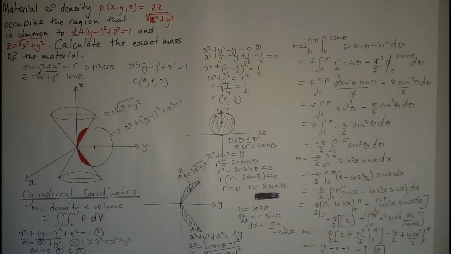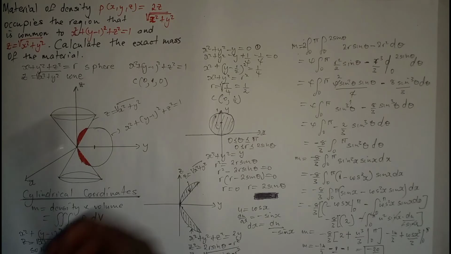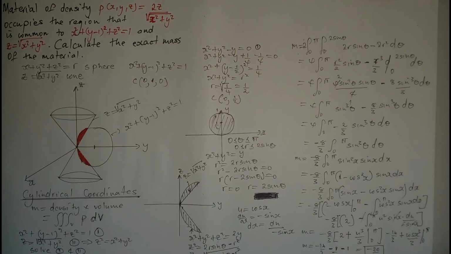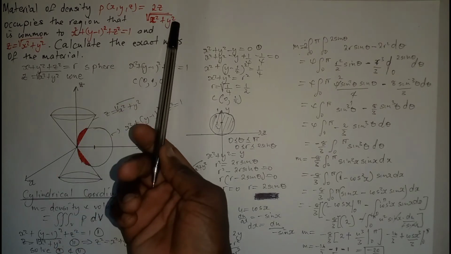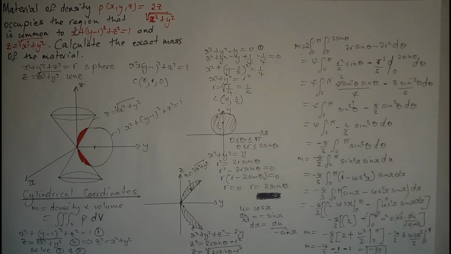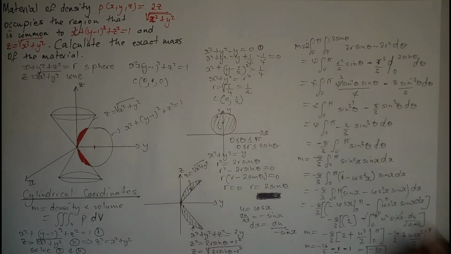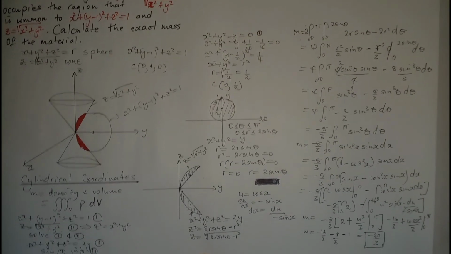So that is the procedure. You calculate the volume. If we put a density as constant, just say 2 or 3, you get the correct answer, so you get a positive number. But in this case, our density varies and it affected everything. So someone requested me to upload and show you the working, so this is the working, but the density has made our answer negative. But this is the procedure.